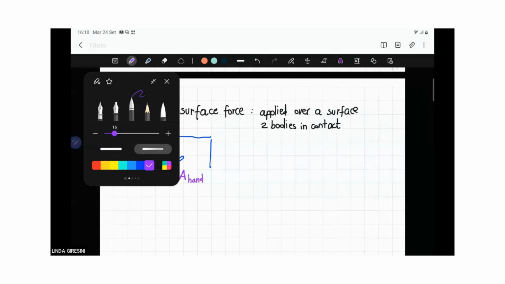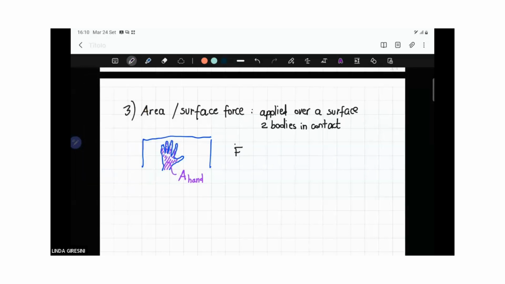So the area is this area of the hand. If F is the concentrated force I'm applying on the desk, then I have a compression stress, which is generally defined as sigma. This is the Greek letter sigma, which is equal to F, so the magnitude of the force, divided by what?